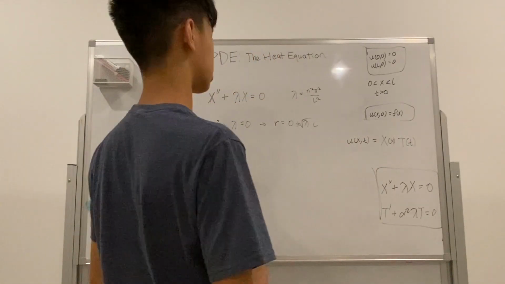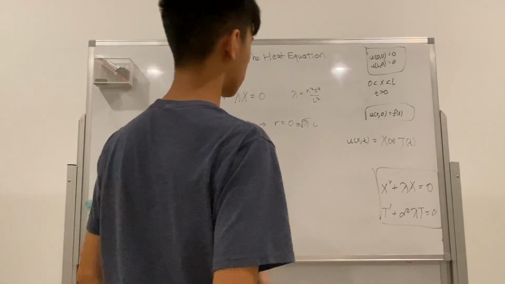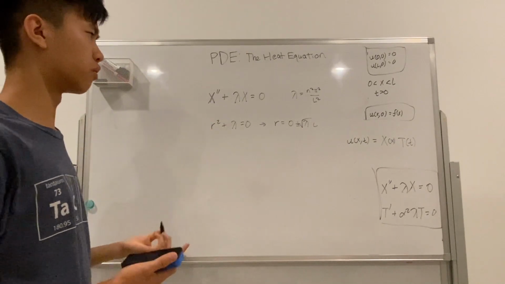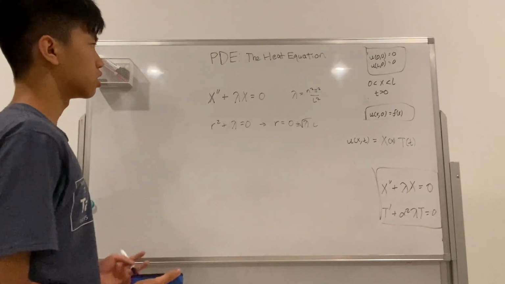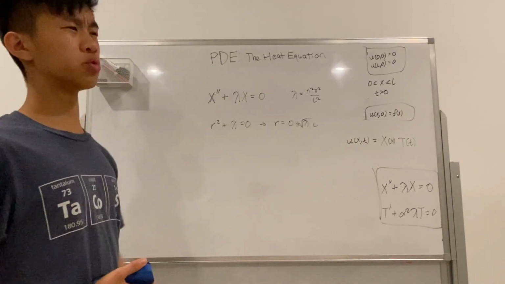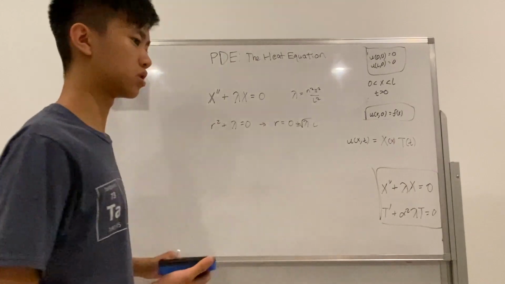And in this context, what exactly is n? Because I've never mentioned an n before. Well, remember how I said we would be covering Fourier analysis? Well, Fourier analysis is used because we need Fourier series, or infinite series of sine and cosine waves.